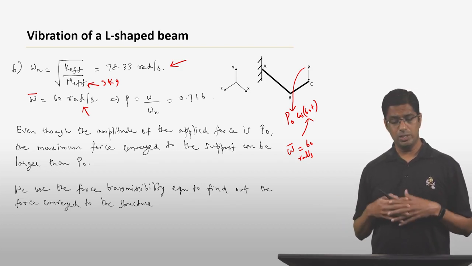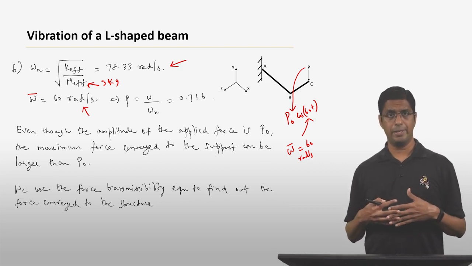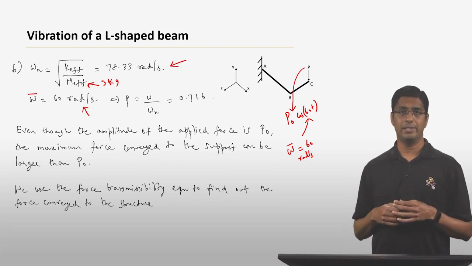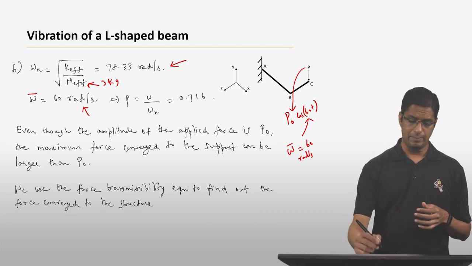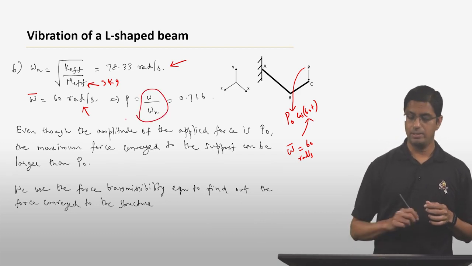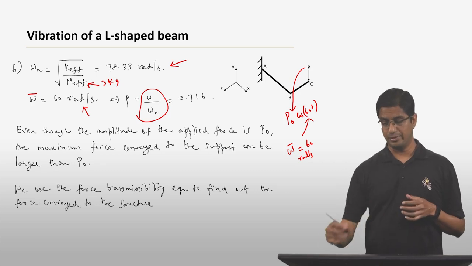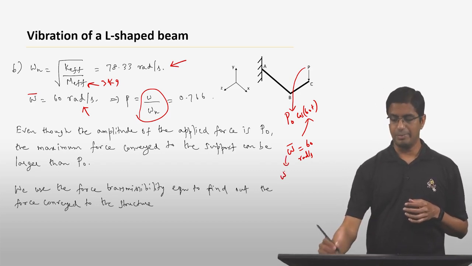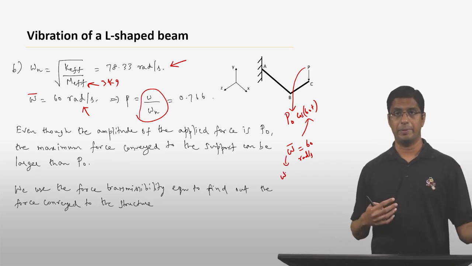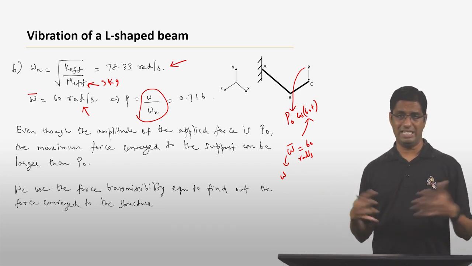Now once you know this forcing frequency, your beta, which is the frequency ratio, is nothing but omega by omega n, and that is equal to 0.766. Just to be clear, sometimes the forcing frequency is given by omega bar, sometimes by omega. It's just a variable.